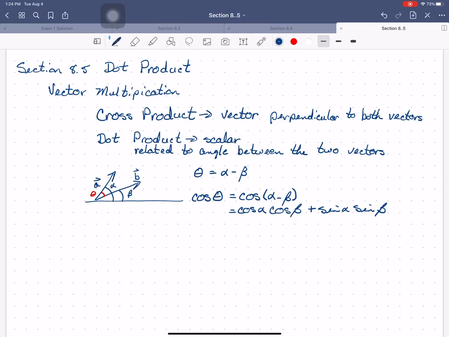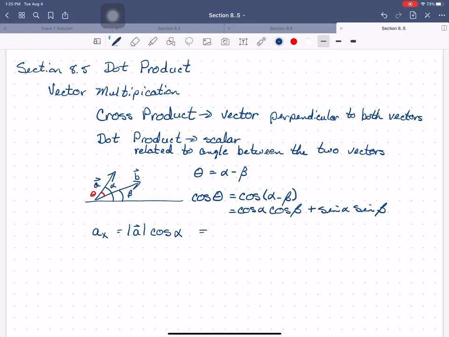Okay, now let's go back to our components. So if we think about the x component of vector A, we know a sub x is equal to the magnitude of vector A multiplied by the cosine of the angle that vector A makes with the horizontal.